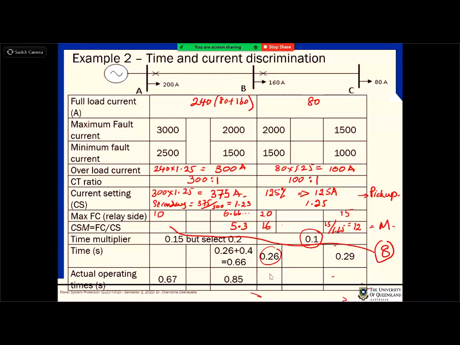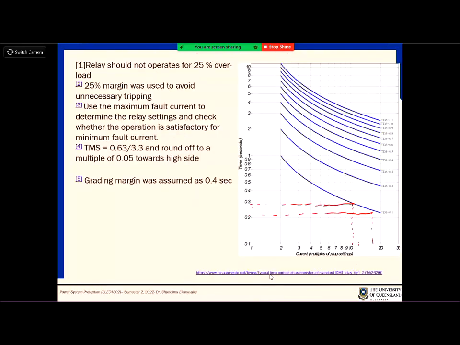Now you go back to this figure, right? Unfortunately, I can't enlarge it here. So, if you are looking at somewhere here, 5.3, right?